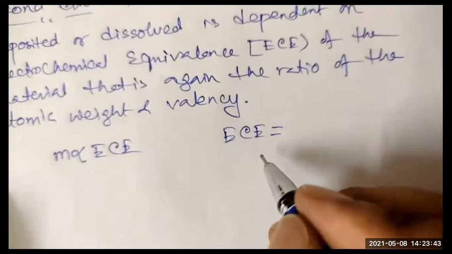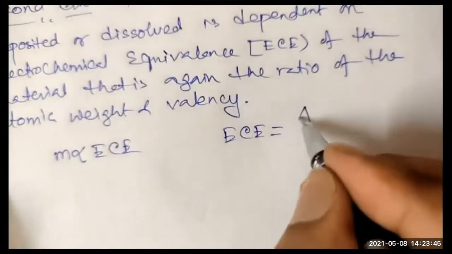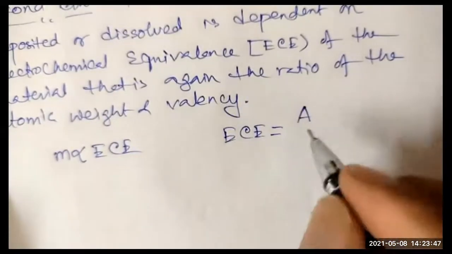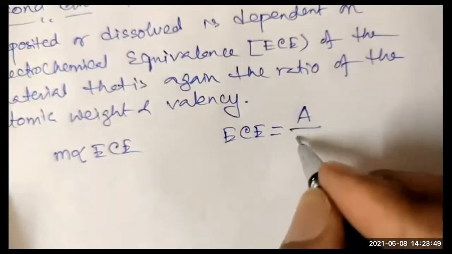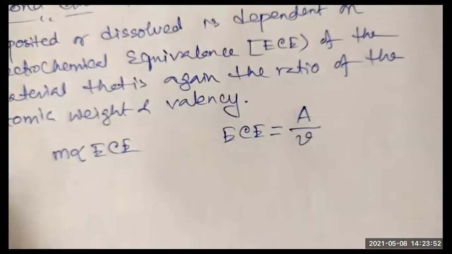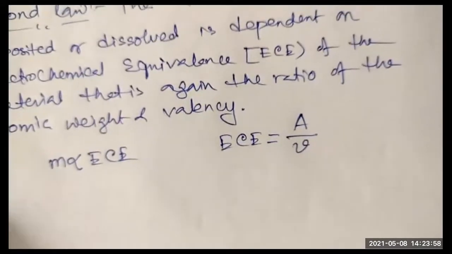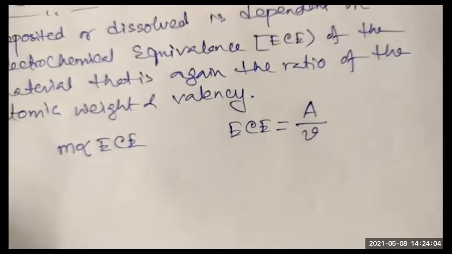ECE is the ratio between the atomic weight, which is represented by A, and valency. If we are going for ferrous material, what is the valency? If we are going for copper, then what is the valency of it? So it will depend on that.